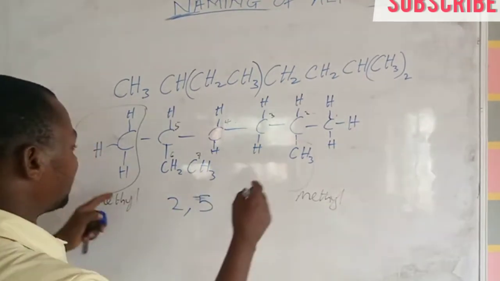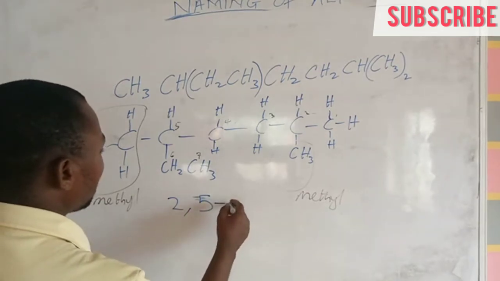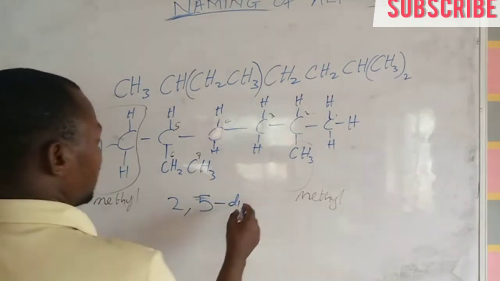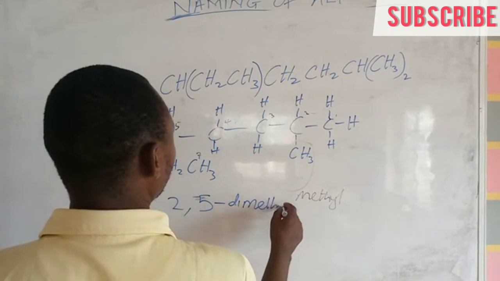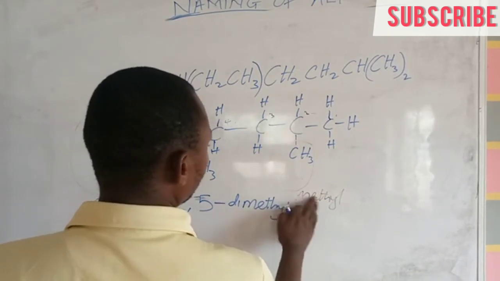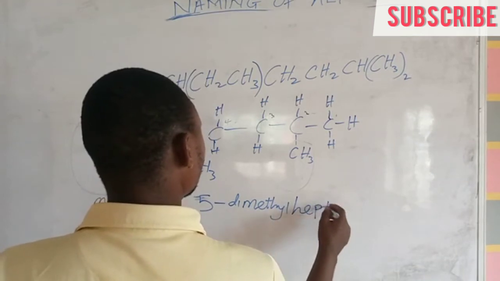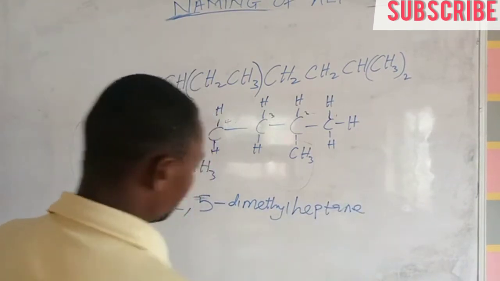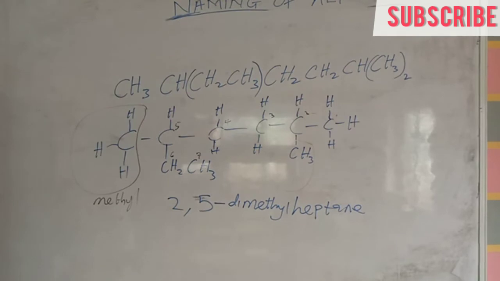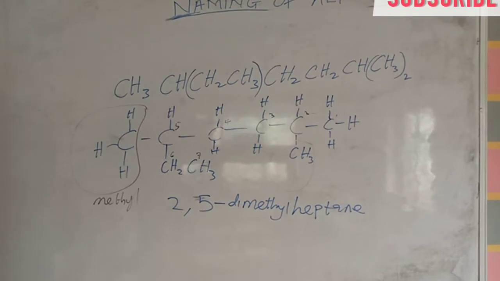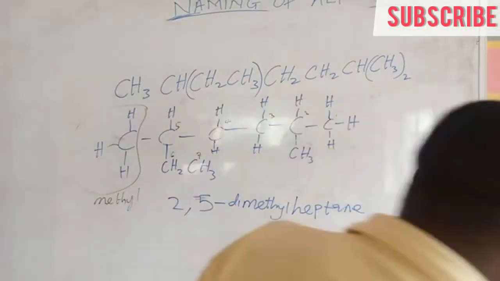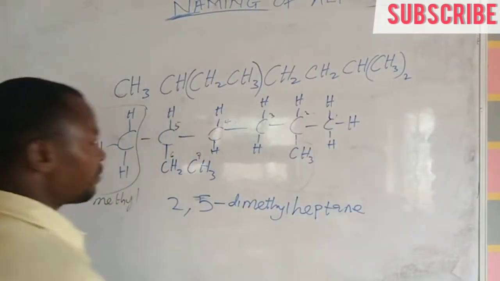So I have 2 methyl, so I will say di, then methyl: dimethyl heptane. 2,5-dimethylheptane. So this is how we name organic compounds.